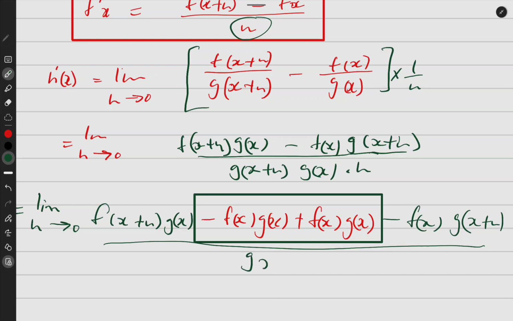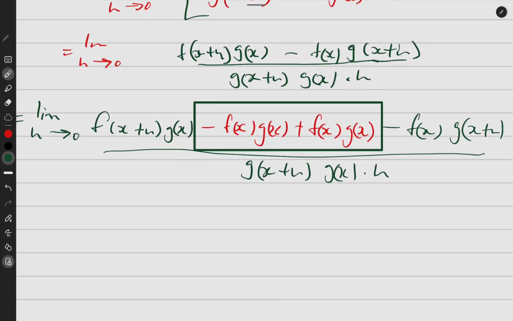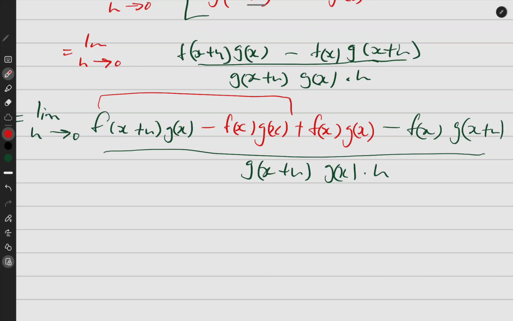In the bottom I have g of x plus h and g of x, and that h below that has always been here. So what do we do now? We notice that there is a common factor here and here, and a common factor here and here.